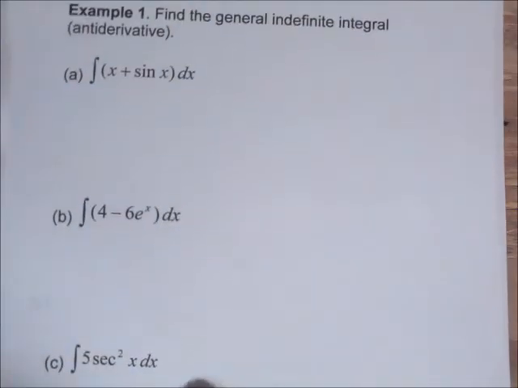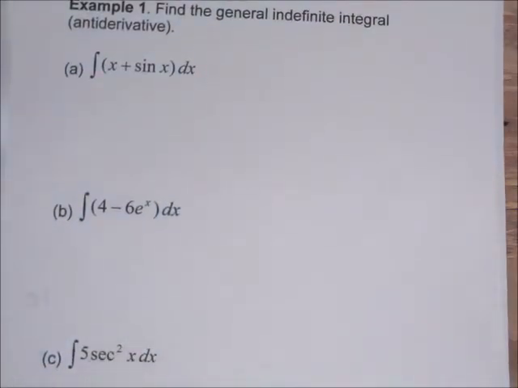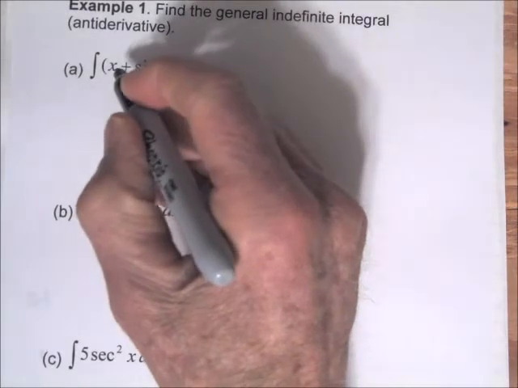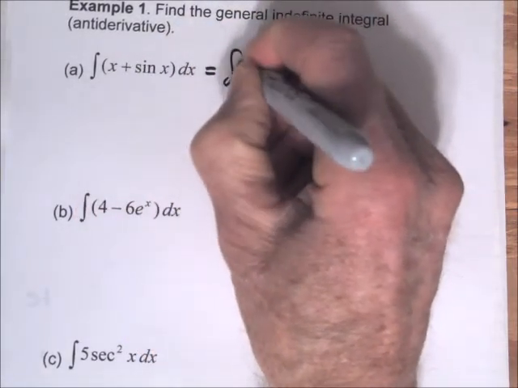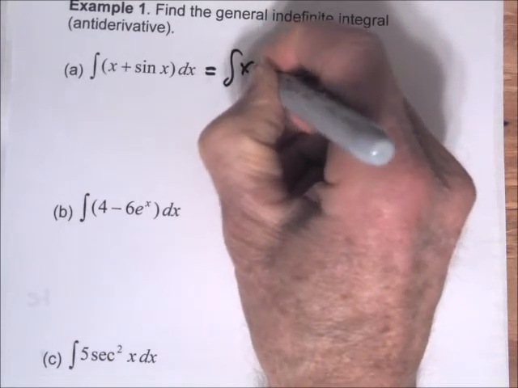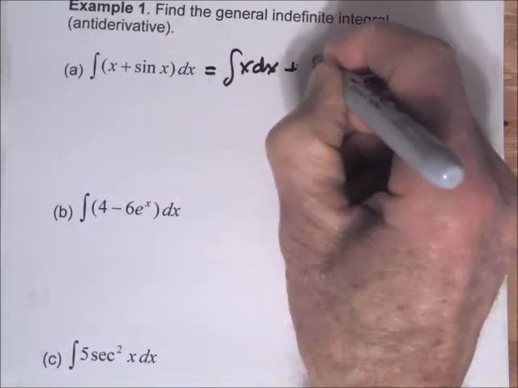If we want to find the antiderivative of x plus sine x dx, one of the rules is that the antiderivative of a sum is the sum of the antiderivatives. So we can split this up into two pieces.